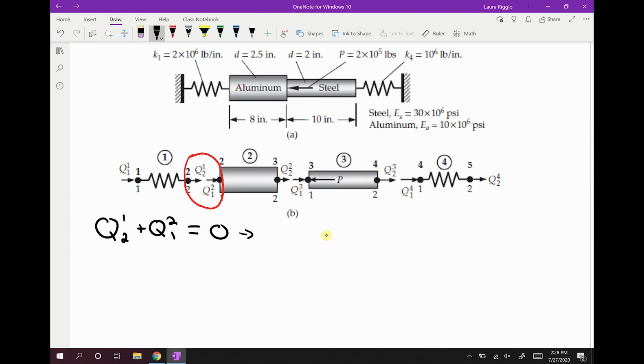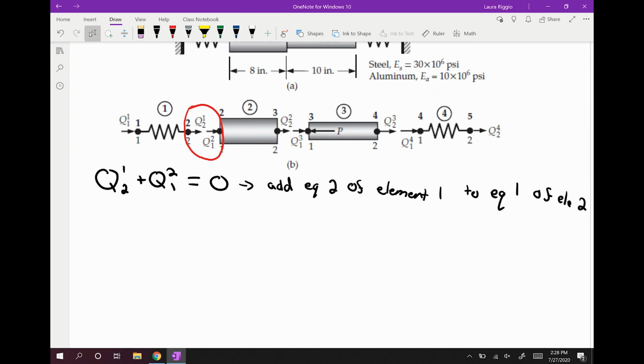This also indicates that we're going to add equation 2 of element 1 to equation 1 of element 2.